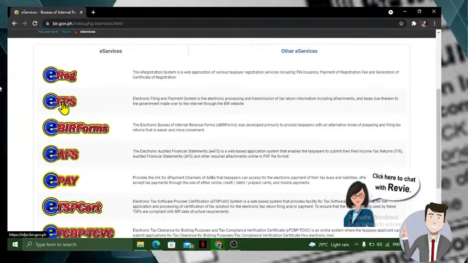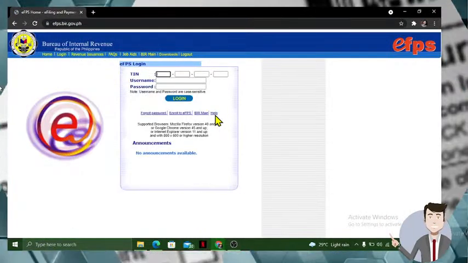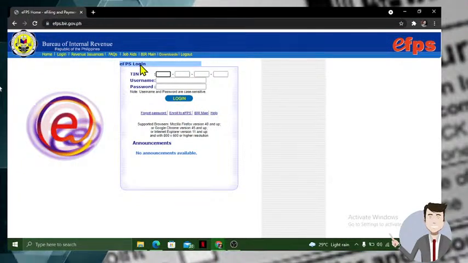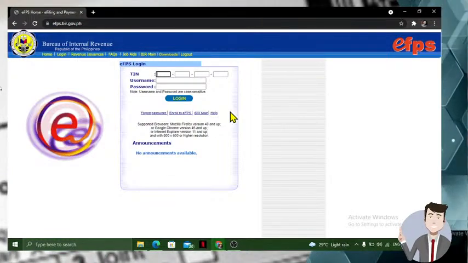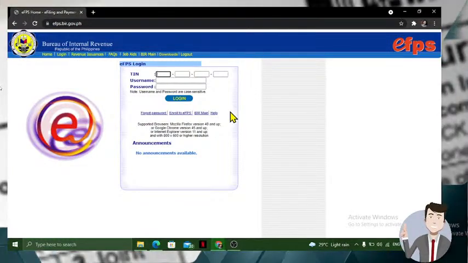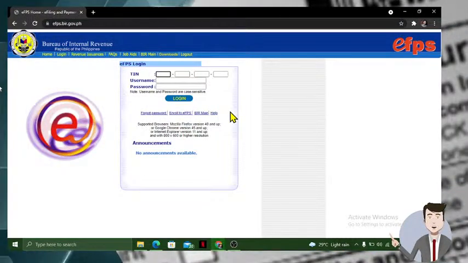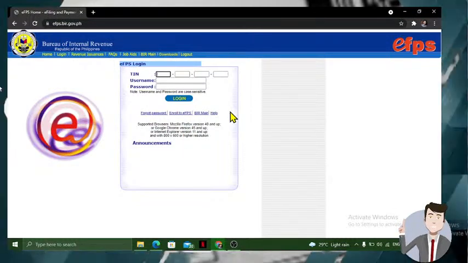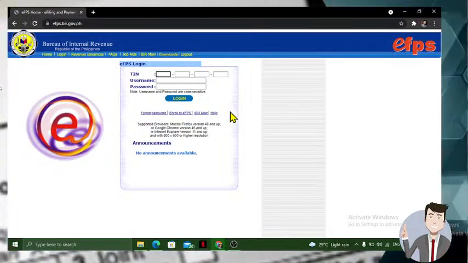So let's try EFPS. Upon clicking EFPS, you will be directed to the EFPS login. Since I don't have access to the EFPS website, let's just discuss the necessary steps and items you need before you can use the EFPS facility of the Bureau of Internal Revenue.